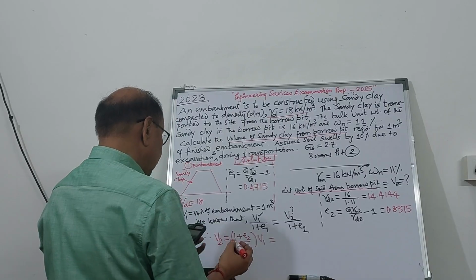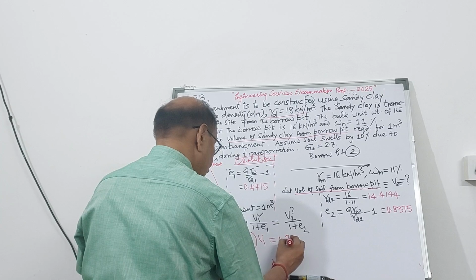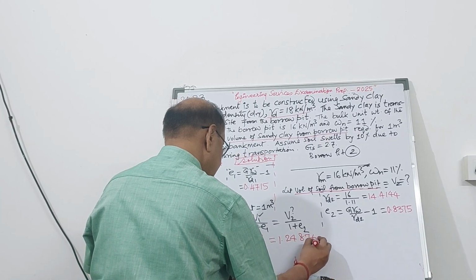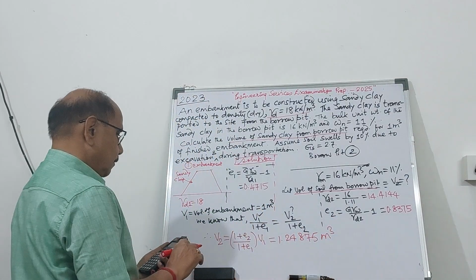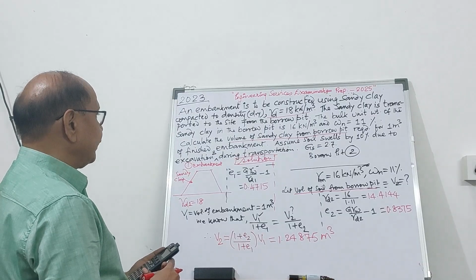So V2 equal to 1.24875 cubic meter. And this is the volume of soil from borrow pit.